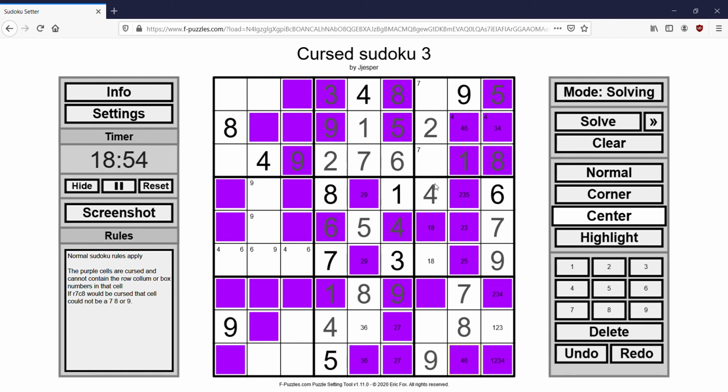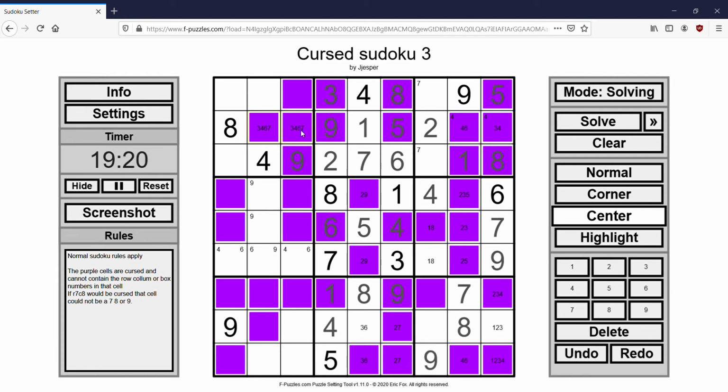See if that helps us figure out what's in row 7. Not all that much, to be honest. Okay, let's see what else we have now. Let's look over here in row 2. There's a 1, a 2, a 5, 8, and a 9. So that leaves 3, 4, 6, and 7.